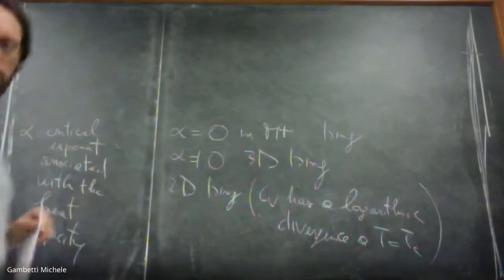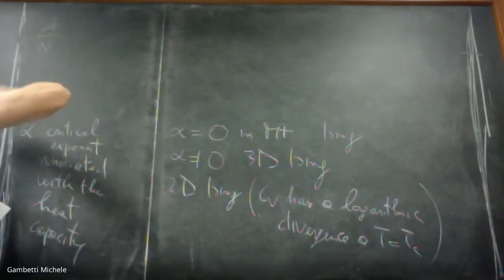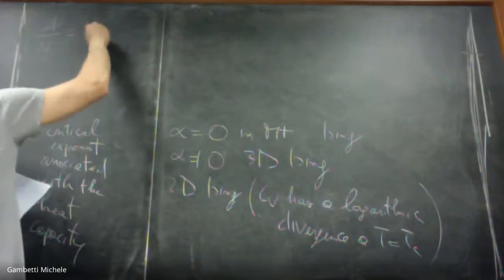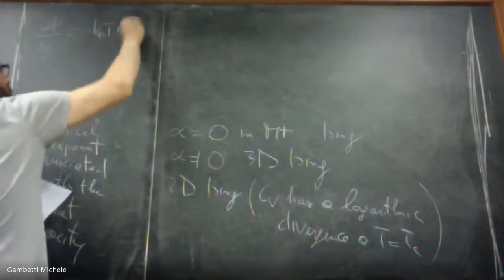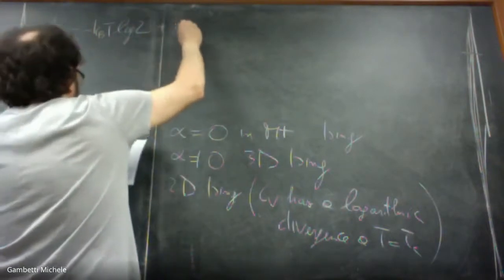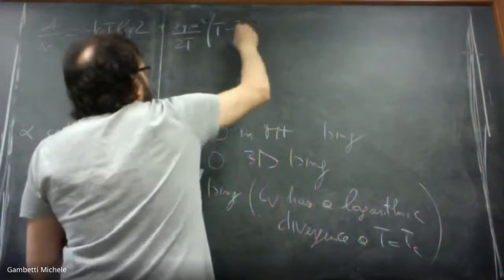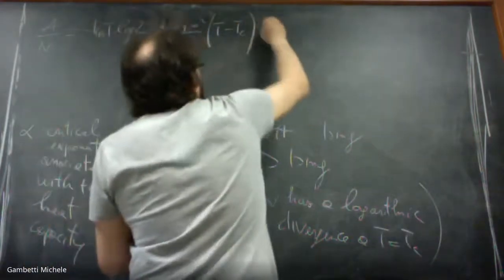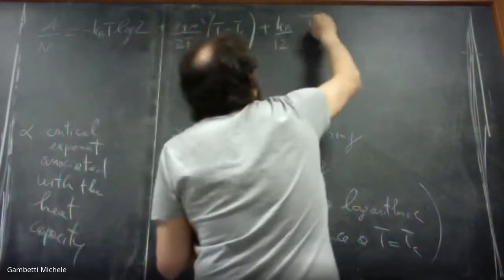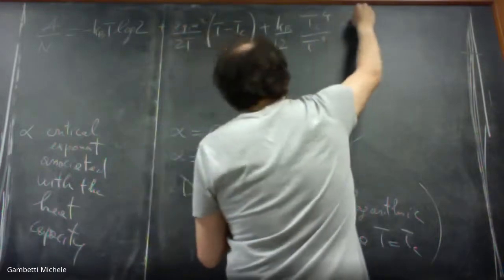Since we are studying the system close to TC, let's write directly the expression of A divided by N using the expansion close to N equals 0, which was the following: kBT of 2 plus epsilon Q N squared divided by 2T, where here I have T minus TC. And then I have plus kB divided by 12, TC divided by T cubed, and N to the fourth.